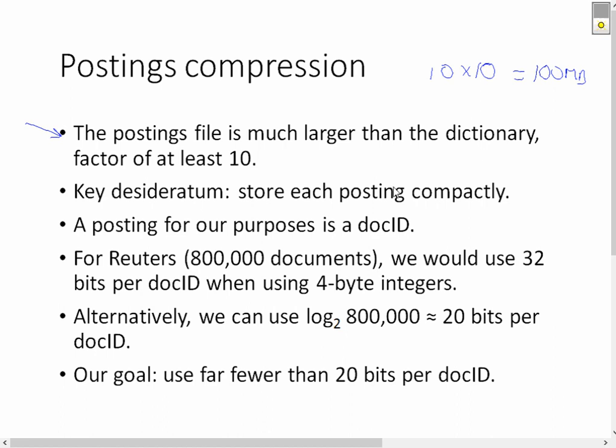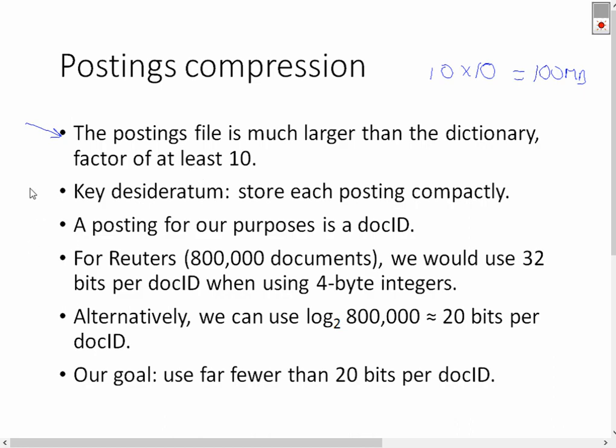Every time a word appears, I have to go find that word and add the document to the end of its posting list. That can take a long time, because it's going to process millions of them. So posting files get very large.